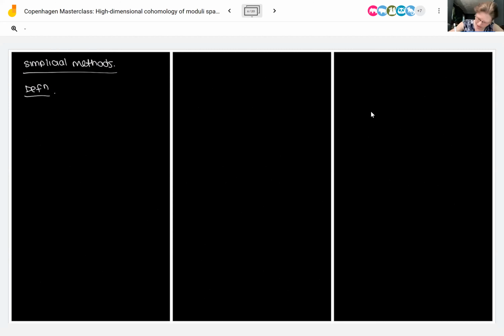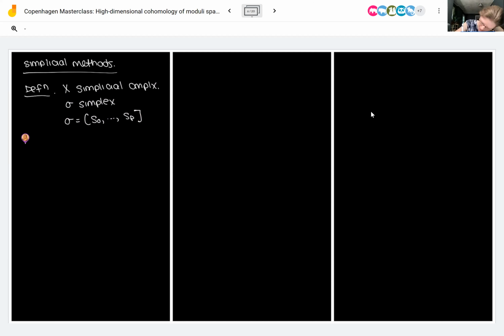Okay, so this first definition is probably familiar. If I have a simplicial complex X, and I have a simplex sigma, so let's say sigma is spanned by vertices s_0 up to s_p.